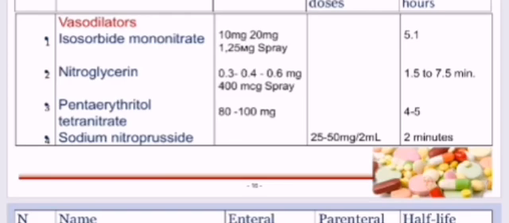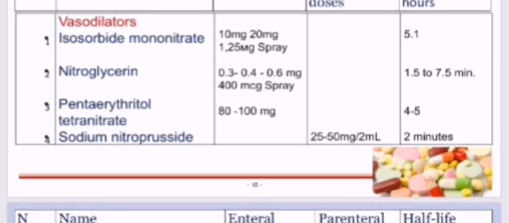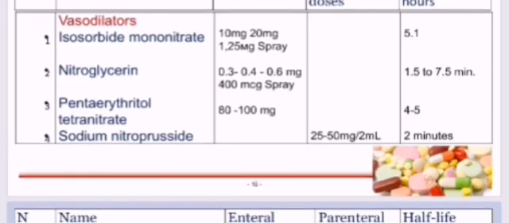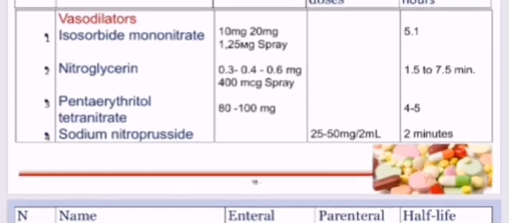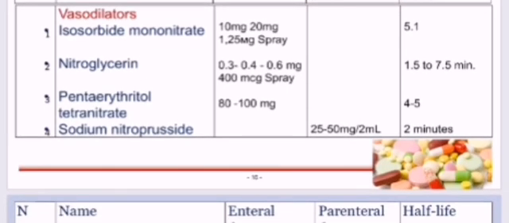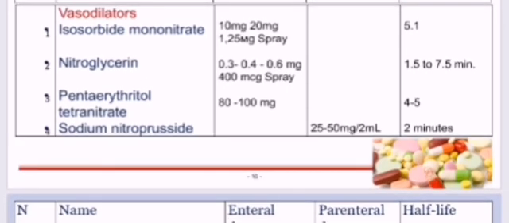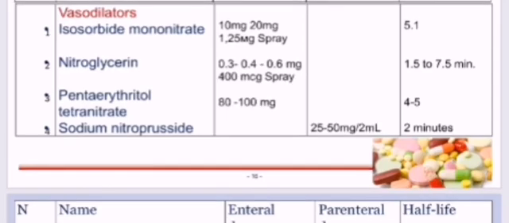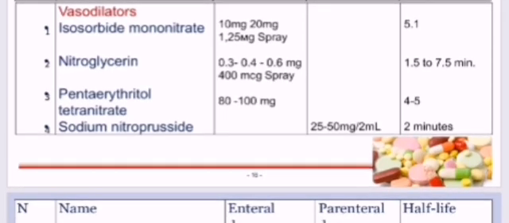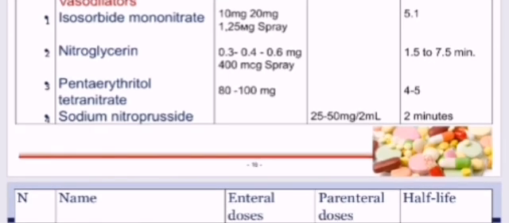Pentaerythritol tetranitrate has internal doses 80 to 100 mg, has no parenteral dose. Half-life is 4 to 5 hours. Sodium nitroprusside has no internal doses. Parenteral doses are 25 to 50 mg per 2 milliliter, having half-life of 2 minutes.